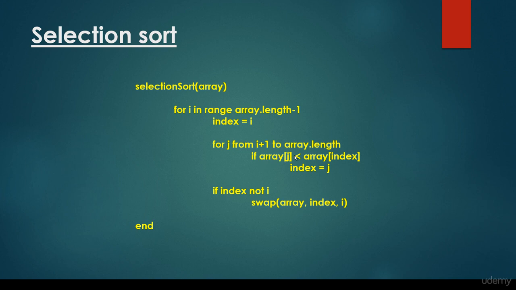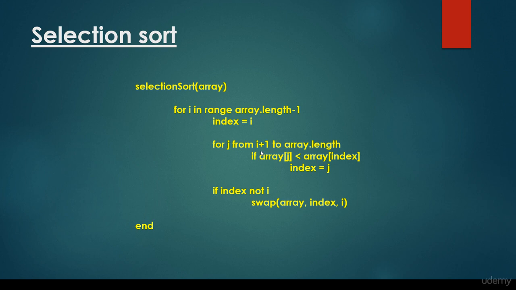And if we find the smallest item, basically this is a standard linear search. We are looking for the smallest item, and the index is going to store the index of the smallest item possible. As you can see, if the array at index j is smaller than the array at the given index, what does it mean?